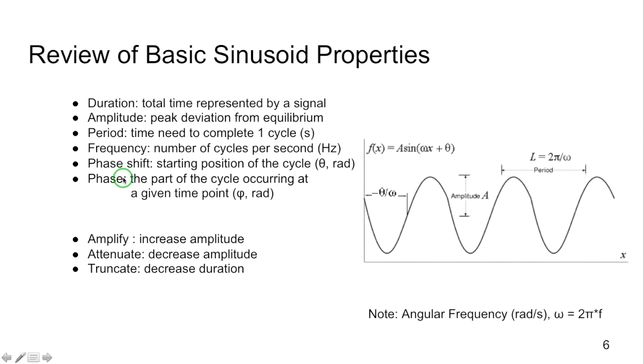And then there's phase, and this is usually used in regard to a single sample, so say this point right here. What is the phase at this point? And that is the point in the cycle at which that sample lies, and that is denoted with a lowercase phi, and it's also measured in radians or degrees.